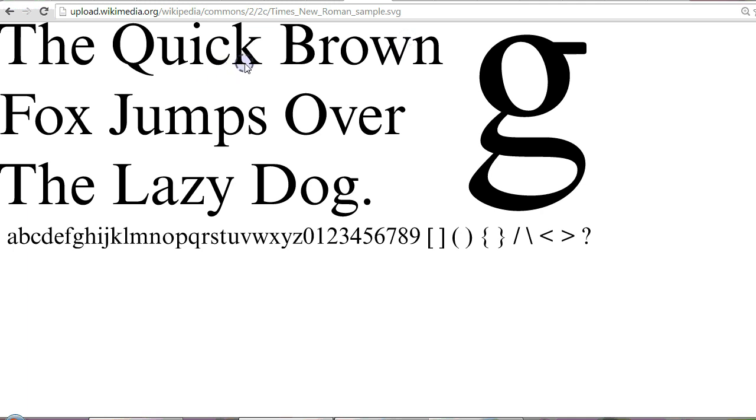So if you look at the base of the K and the lines at the top of the P, it's a straight line rather than being slightly curved. They tend to have a larger X height and shorter ascenders and descenders.